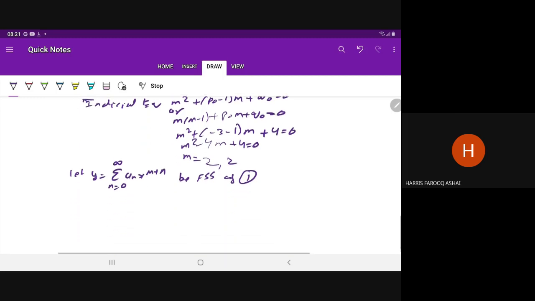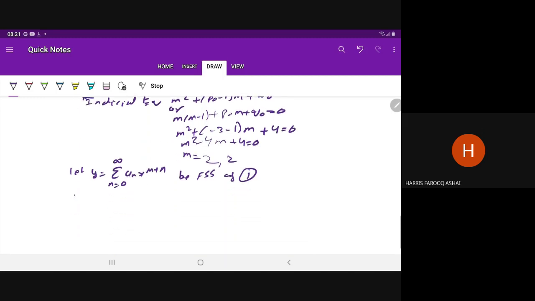So from here you will get y dash as summation n is equal to 0 to infinity a n (m plus n) x to power m plus n minus 1, and y double dash as summation n is equal to 0 to infinity a n (m plus n)(m plus n minus 1) x to power m plus n minus 2.